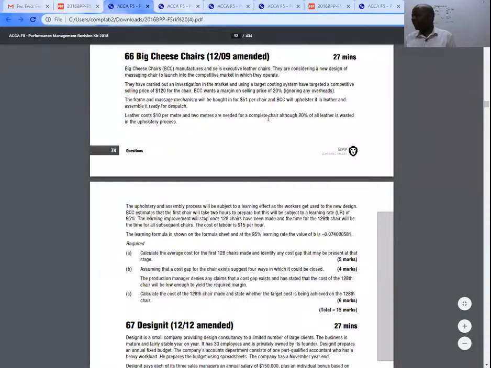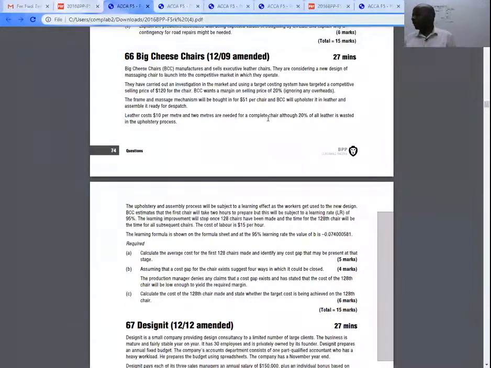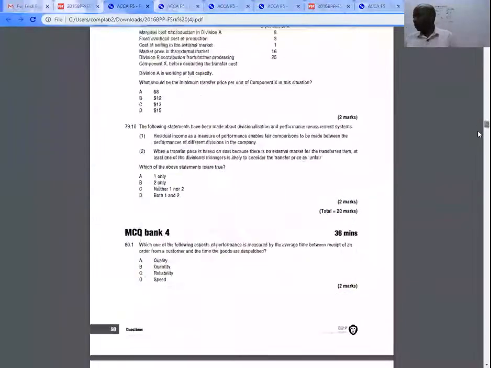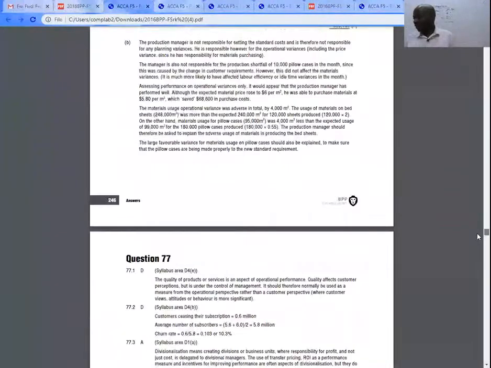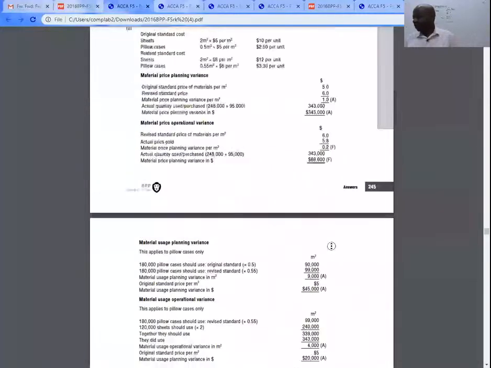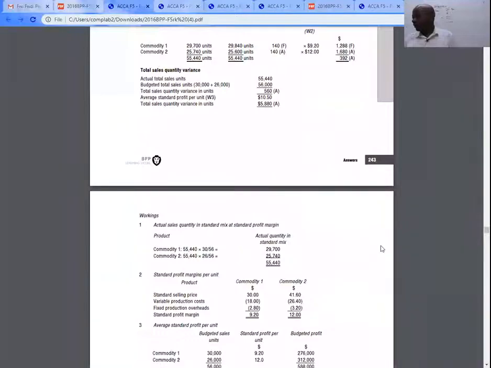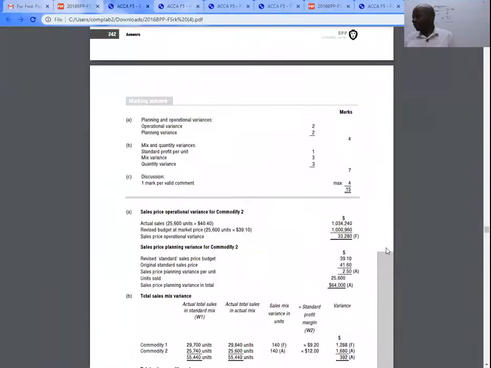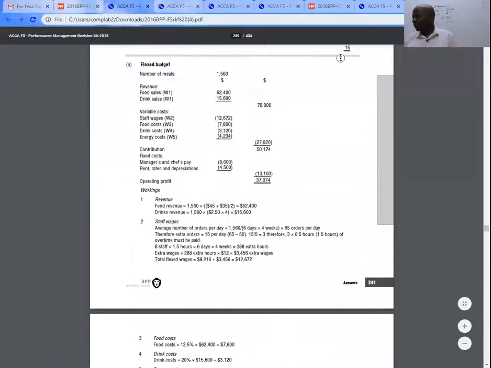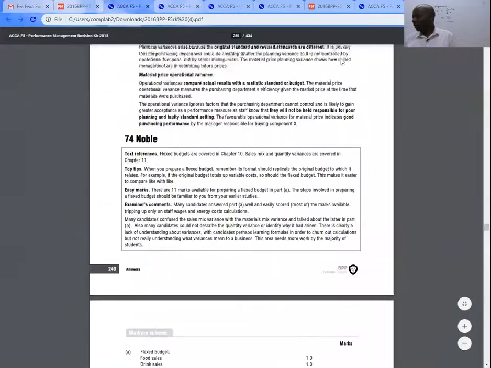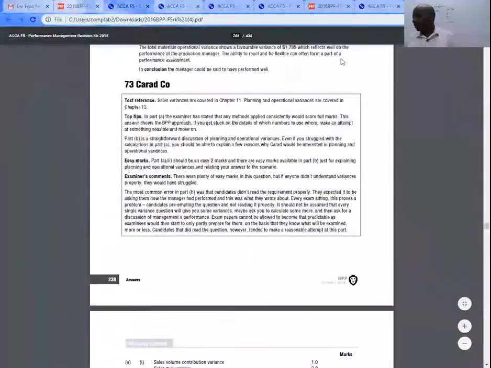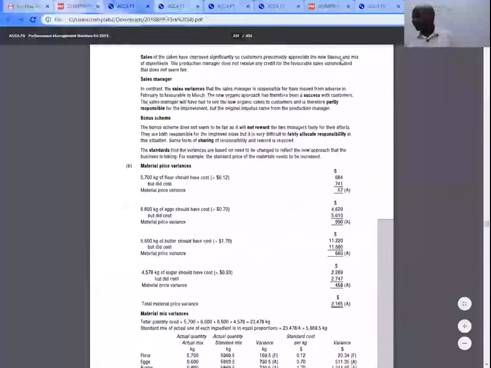And ladies and gentlemen, this book is so great. We have answers being given down here. What you need to do is scroll in your computer and go to question number 66.